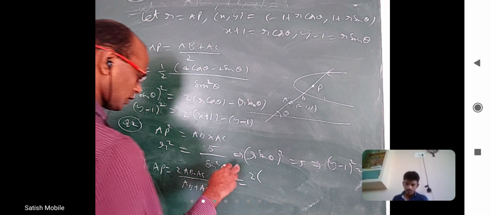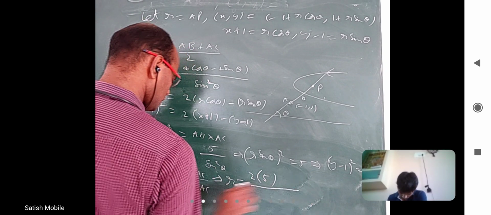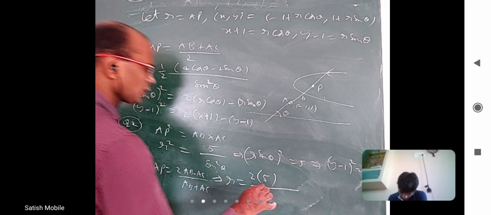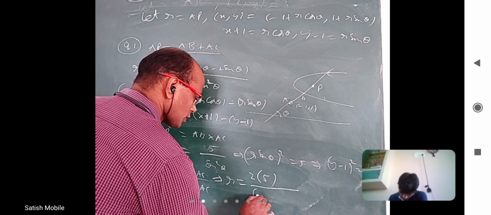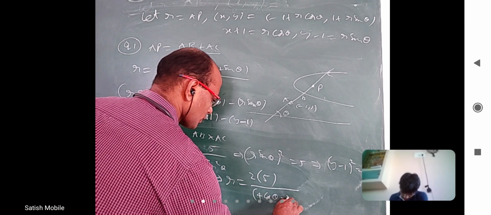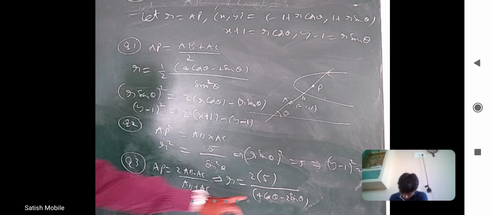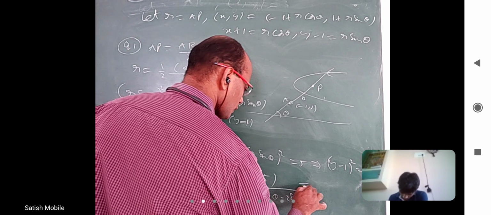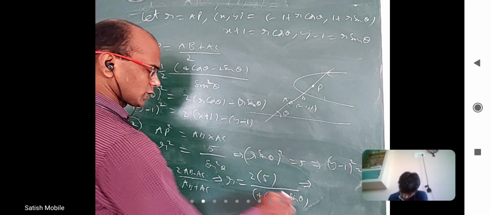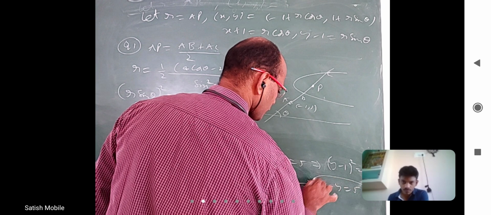Just now somebody said 5 by sin square theta. Sum of the roots came for this one, 4 cos theta minus 2 sin theta. Now bring this r here and cancel 2. r cos theta you can write x, r sin theta you can write y, you will get 2x minus y equal to 5.